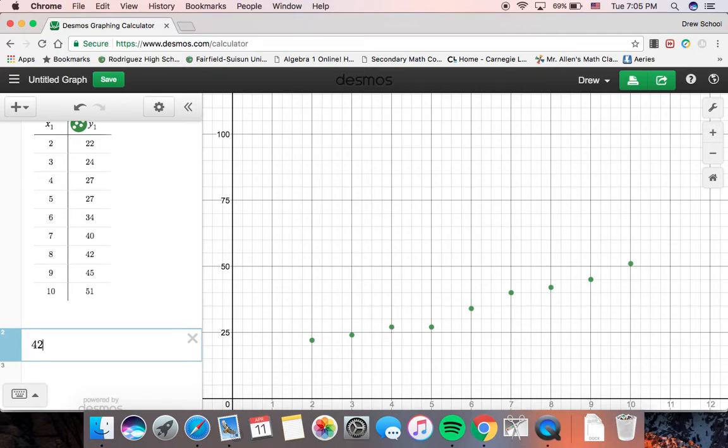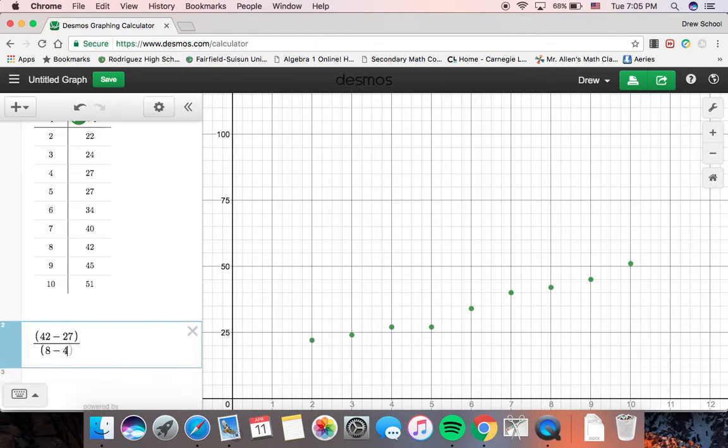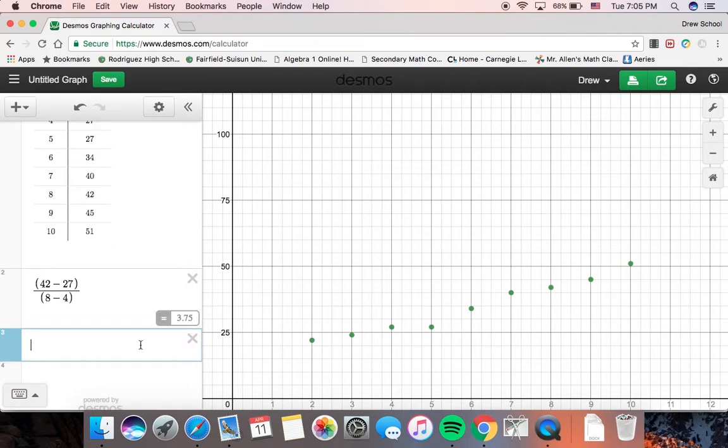So y2 minus y1, divided by our x2, which is 8, minus our x1, which is 4. So divided by 8 minus 4. And we get 3.75. So our slope, or m, equals 3.75. So that's the slope of our data.